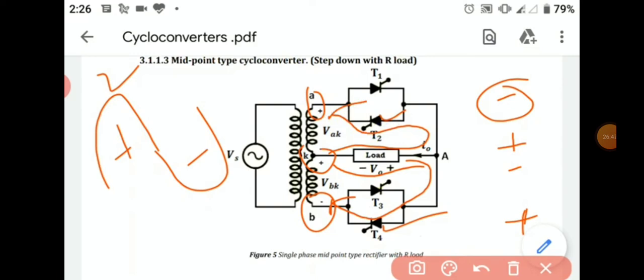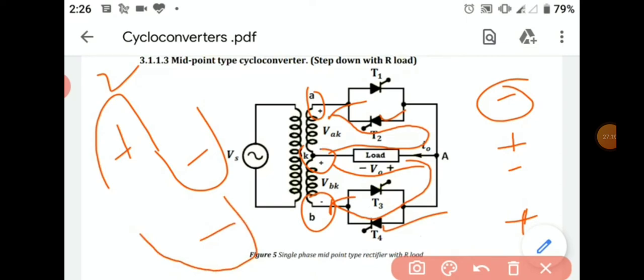In this case also, what we have seen, the current through the load flows in the opposite direction as discussed in the first cycle. So the current through this cycle will be negative.